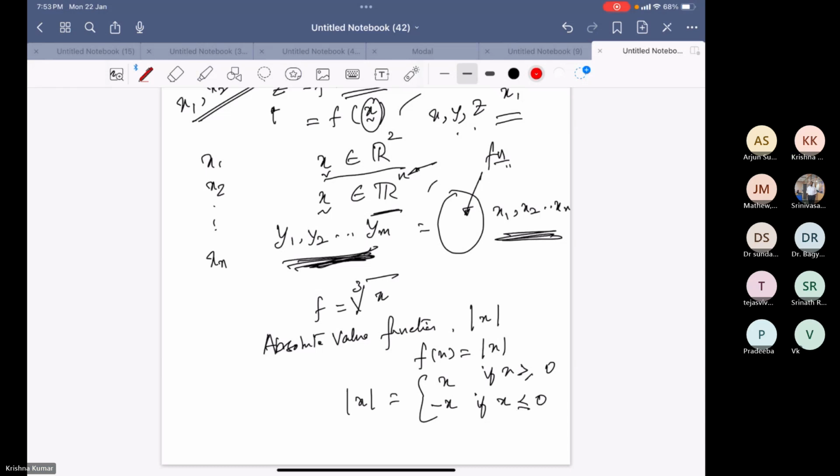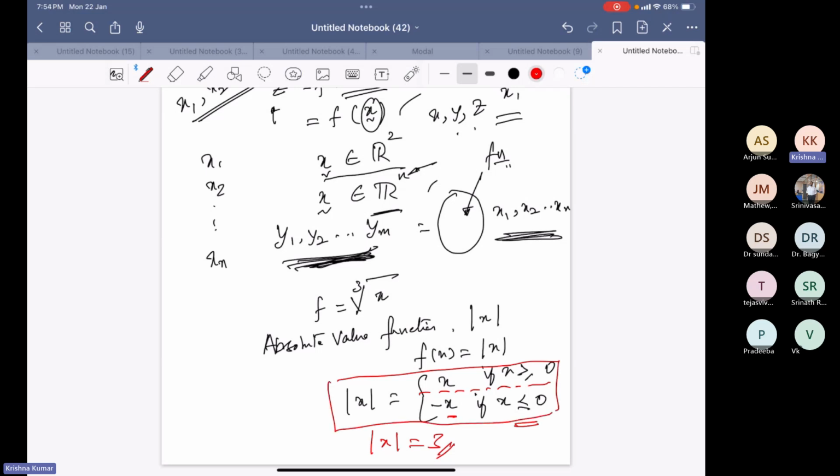So now if you look at this function, if you take the value of x equal to minus 3, then the second part of this function operates. So if I put minus 3 here, it actually becomes 3, because minus of minus becomes plus, so it becomes plus 3. This is how you mathematically define the function.